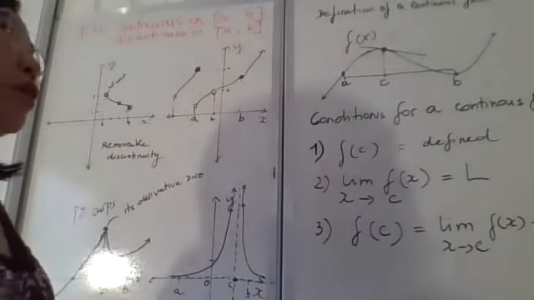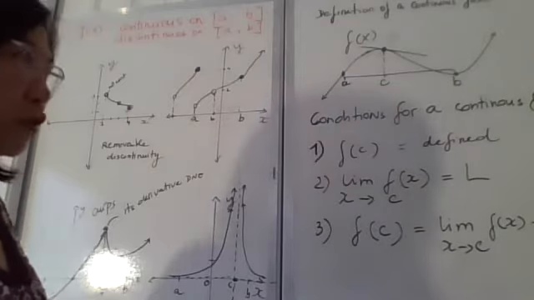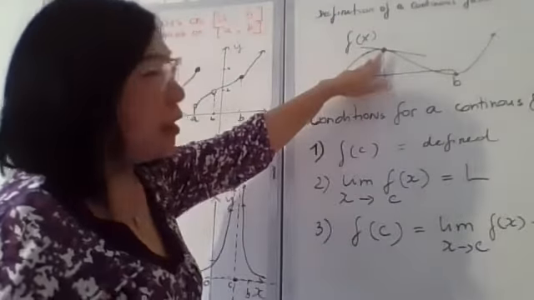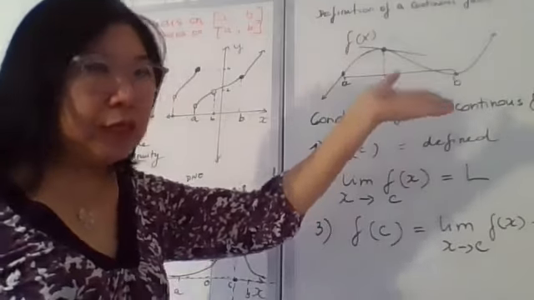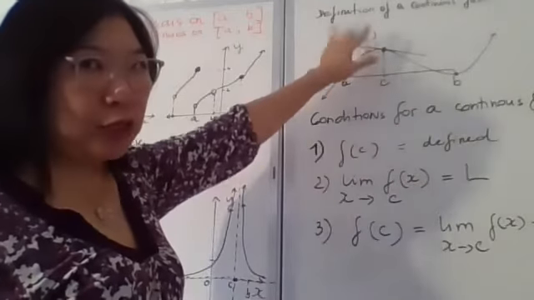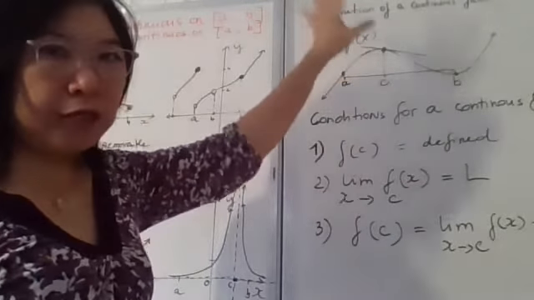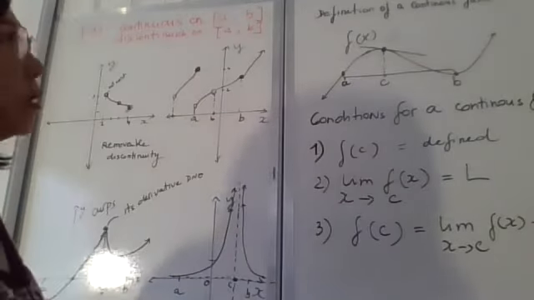So you cannot have a broken function at that point and be differentiable as well. And I just showed it to you, right? If we erase that, there's no way you can find the slope of the tangent line at that point.